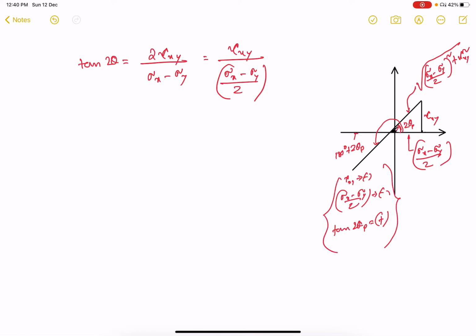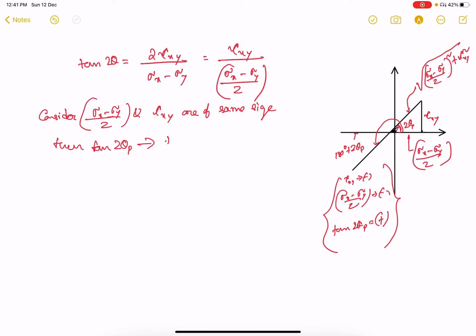If we consider (sigma x minus sigma y) divided by 2 and tau xy of the same sign, then tan 2θp becomes positive.